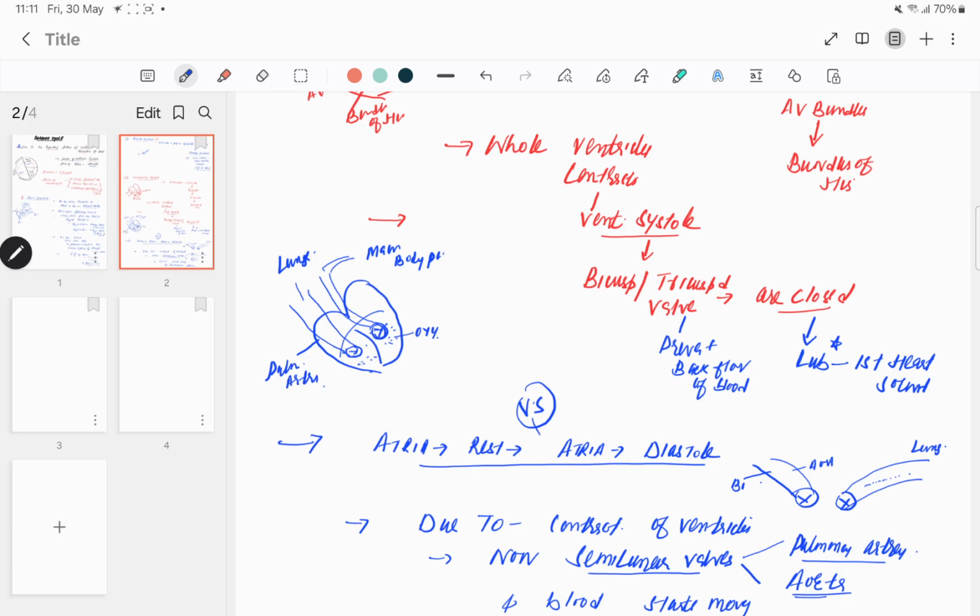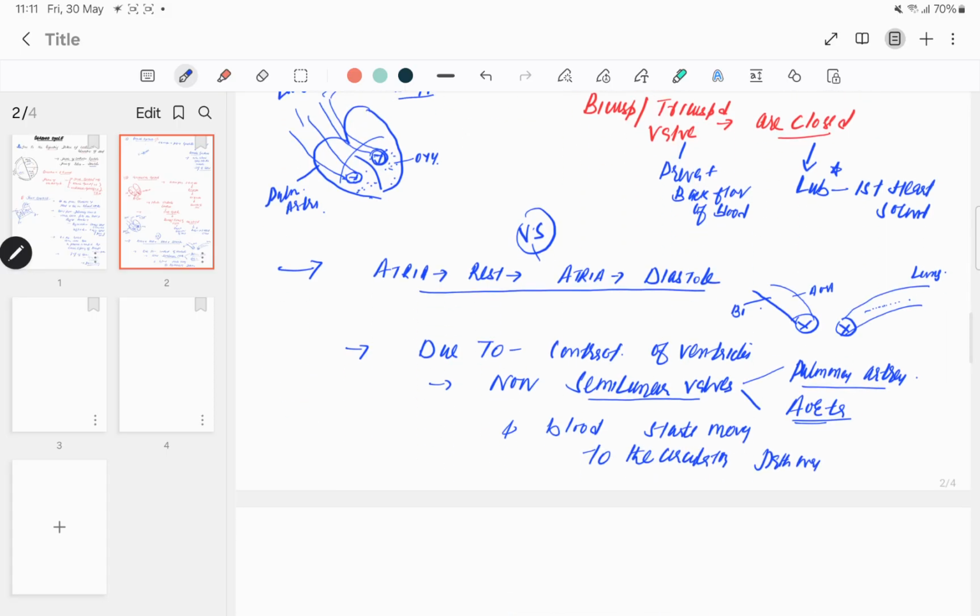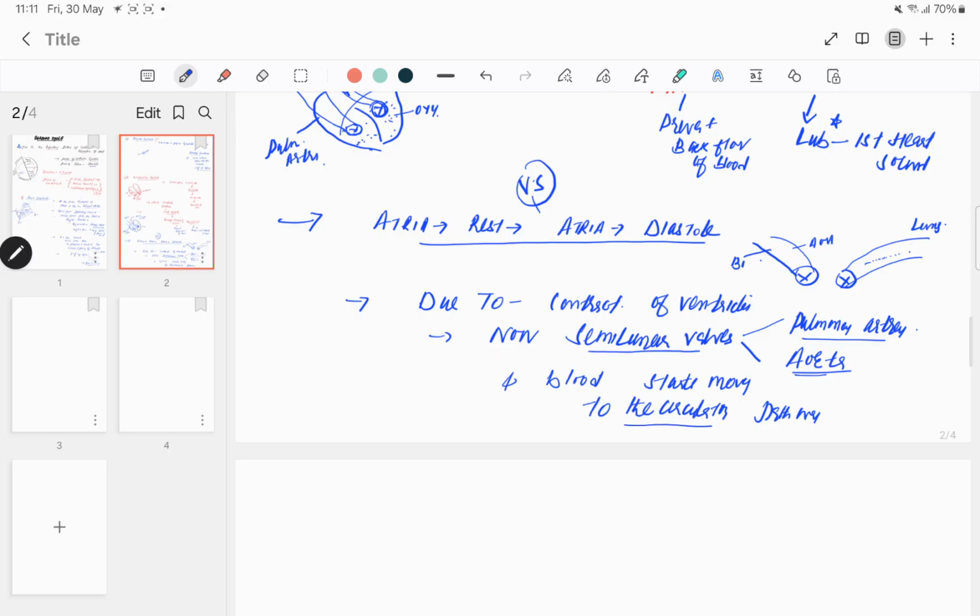So the pulmonary artery carries deoxygenated blood from the ventricle towards the lungs, and the main aorta carries blood from the left ventricle towards the body parts.